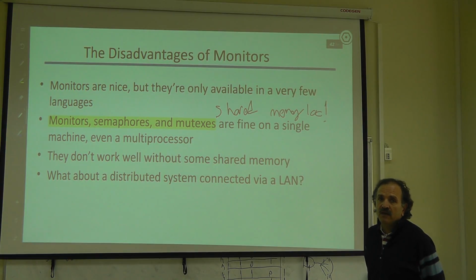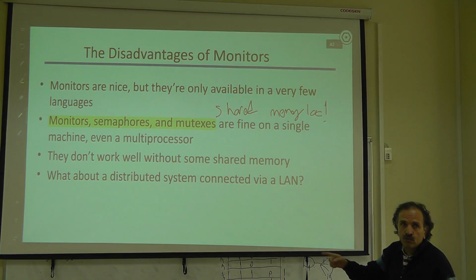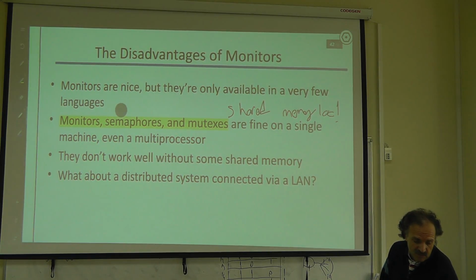But if we are using two processes on two different machines or two processes with different address spaces, then monitors, semaphores, and mutexes will not work. They don't work without some shared memory. We need shared memory for these to work.